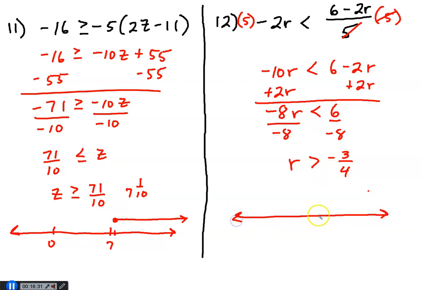And so we sketch our graph. We'll say this is negative 1, so negative 3/4 would be about right there. And the variable's on the left, so I can trust this to tell me which direction to shade. So it's going to be an open circle, and I'm going to shade to the right, just like the inequality points to the right.